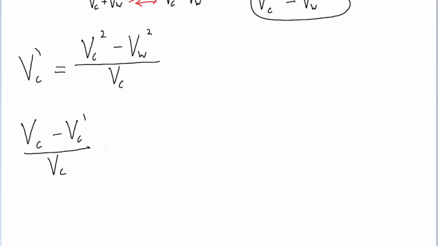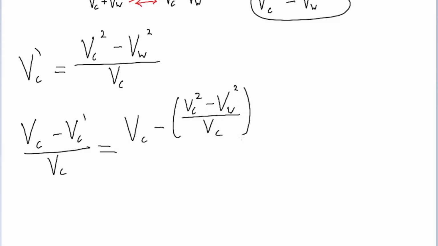Now we're going to plug in what we just found. So v sub c minus v sub c prime, that is v sub c squared minus v sub w squared, all divided by v sub c, and then all this is divided by v sub c.